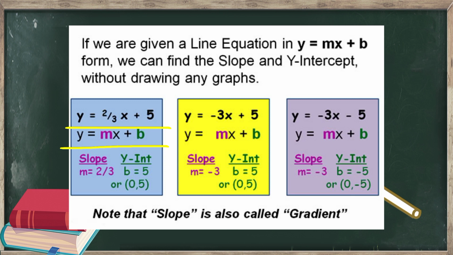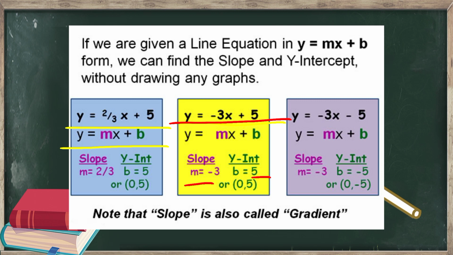We can tell that the slope is positive and the line increases. Okay, that is uphill or going to the upper right. On the second example, which is y is equal to negative 3x plus 5, the slope here is negative 3 and the y-intercept is also positive 5.